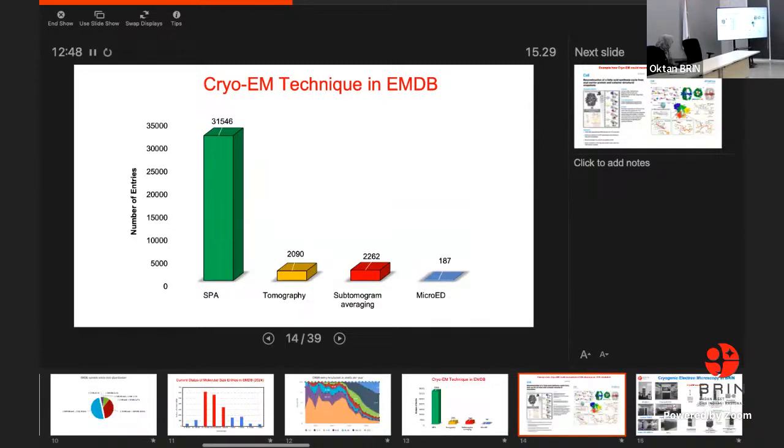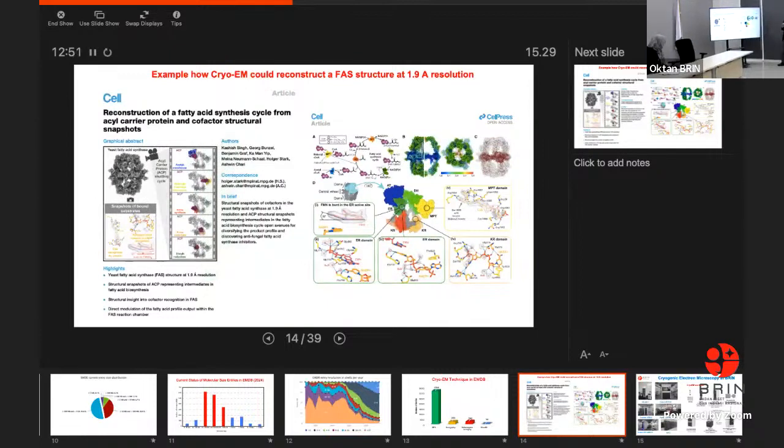Okay, continue. So this is one example of how cryo-EM could reconstruct the fatty acid synthase structure, giving 1.9 Angstrom resolution. It was published in 2023.